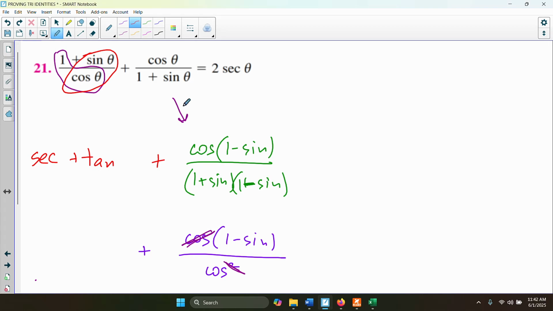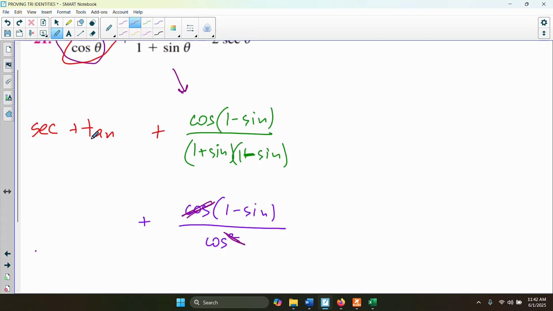So everything I did over here, using the technique of conjugates in the denominator, I'm still okay with. But watch, this is beautiful. This side, I did everything I could have, and I'm just going to leave it this way for a second. Plus tangent.